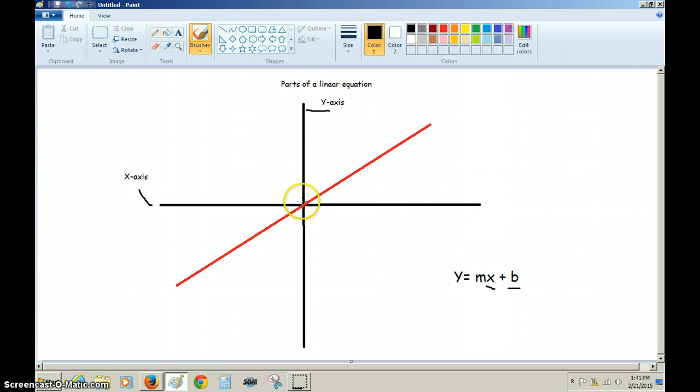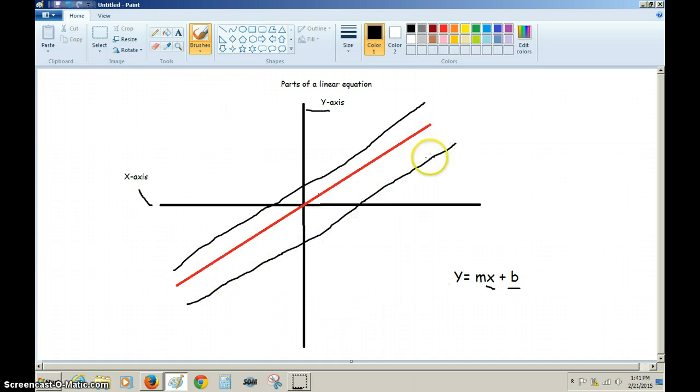The y and x intercepts would both be 0 because it's crossing through both of them at the same time. However, if this line was up here somewhere, then the y-intercept would be, let's see, 1, 2, right here. It would be 2. But if it was down here, then the y-intercept might be -2, -1, -2, like that.